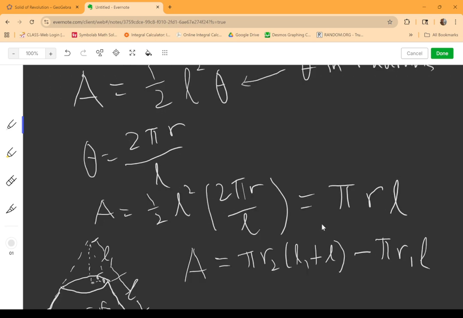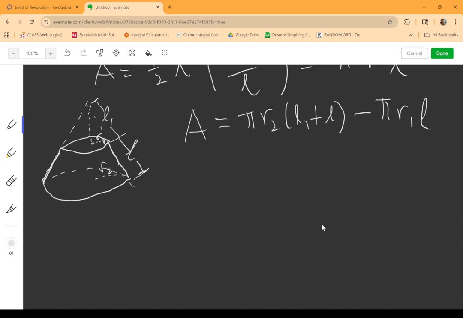All right, so far so good. I'm going to factor out the common factor of pi. I'm going to group some like terms here, and we'll see why I want to set it up this way in a second.